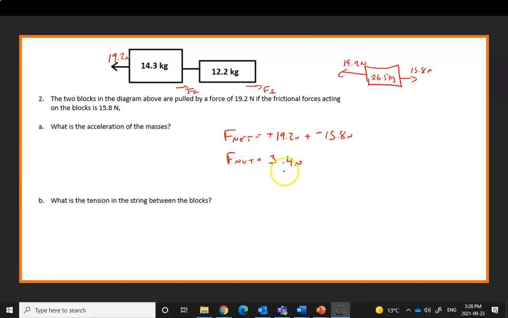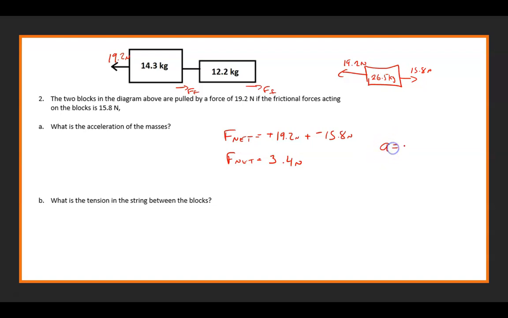So now that we have the net force and the mass, we can find the acceleration of those masses. Acceleration just being force divided by mass, which would be 3.4 divided by 26.5, or the acceleration being 0.128 meters per second squared. Right? Now in the diagram, that's to the left.